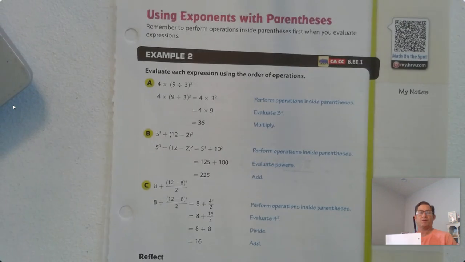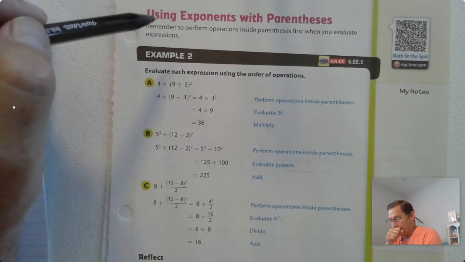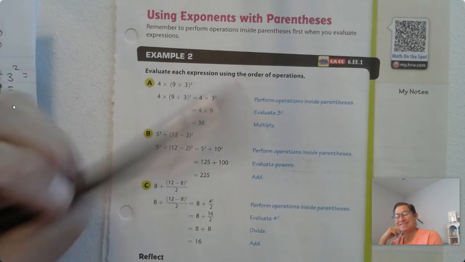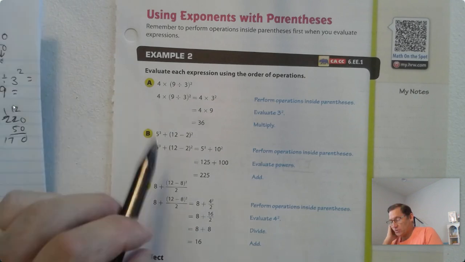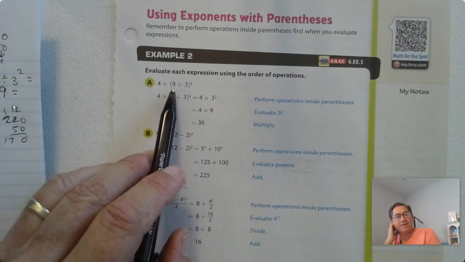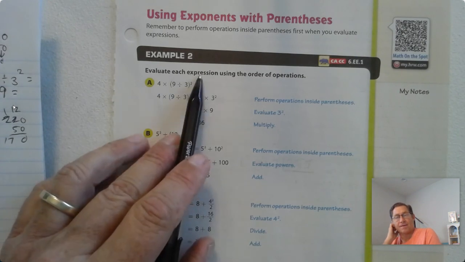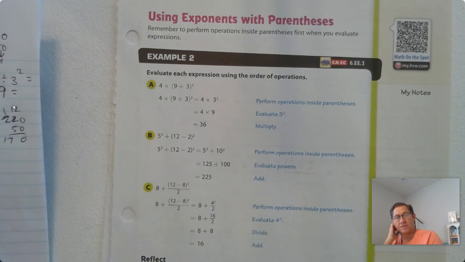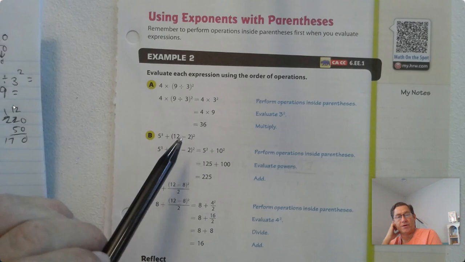All right, what about using exponents with parentheses? So remember to perform operations inside parentheses first when we evaluate expressions. So here we have 4 times the quotient of 9 and 3 squared. Parentheses is first. So we're going to evaluate 9 divided by 3 first. We're not going to do anything with the exponent yet.